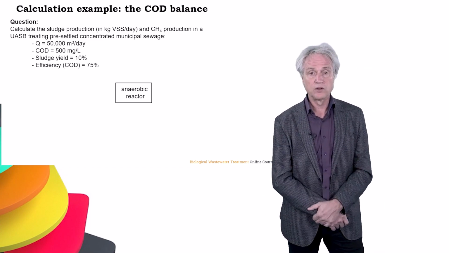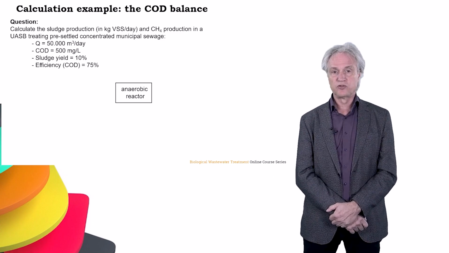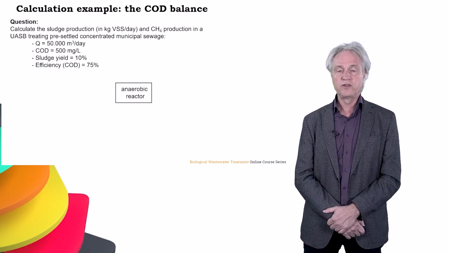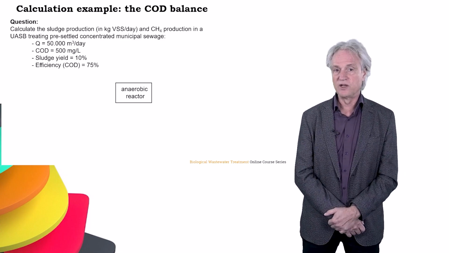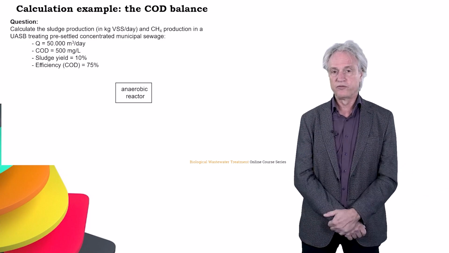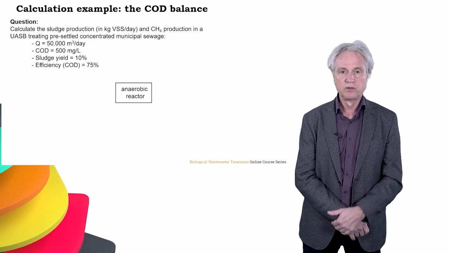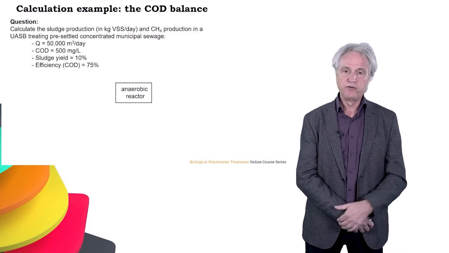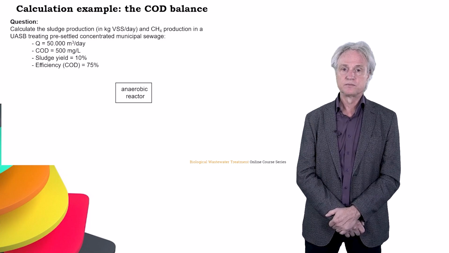Now, let's calculate a COD balance. Imagine you are treating municipal sewage and you have a flow of 50,000 cubic meters per day. COD is 500 milligrams per liter, average value. Let's assume a sludge yield of 10%, which is maybe quite a high number, but okay. And we have a COD removal efficiency of the anaerobic reactor of 75%.